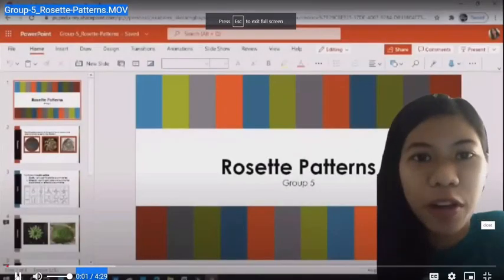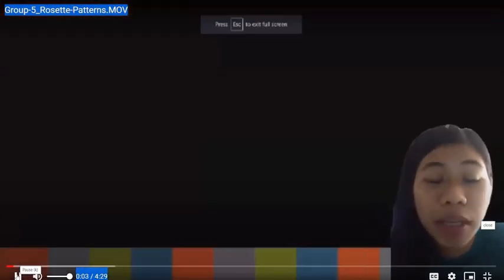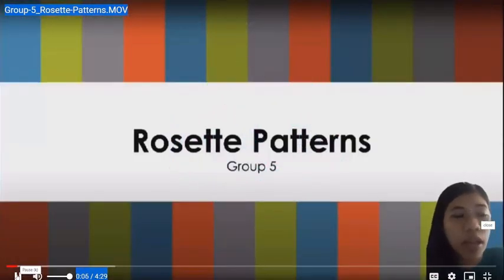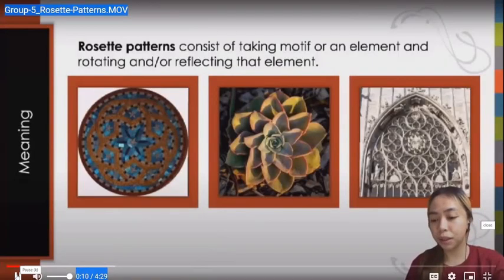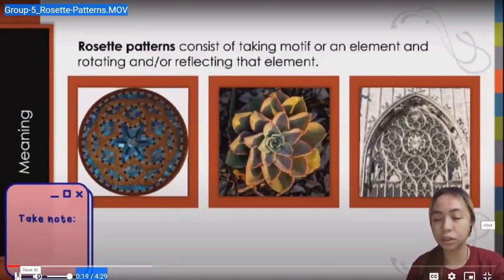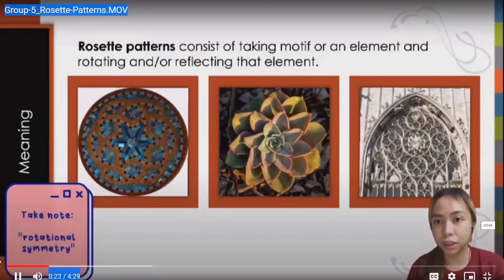Good day, everyone. We are Group 5 and our topic is about rosette patterns. Ayan, we'll start sa definition ng rosette patterns. Rosette patterns consist of taking a motif or an element and rotating and or reflecting that element. Take note na sa definition na to, sinasabi na para sa rosette patterns required yung rotational symmetry.